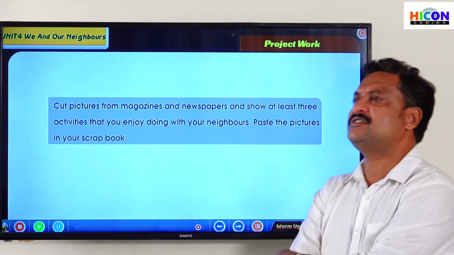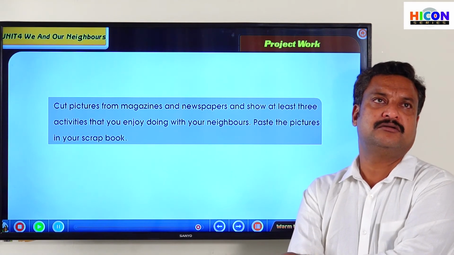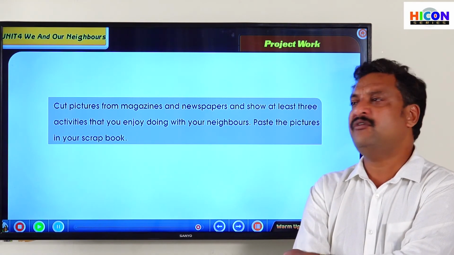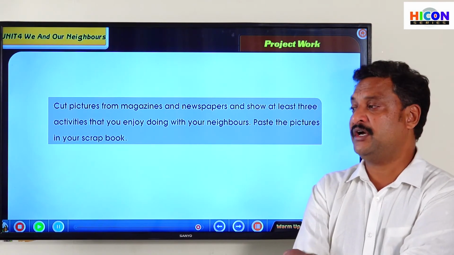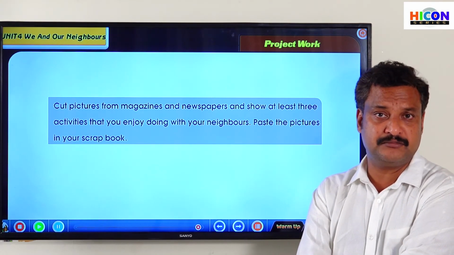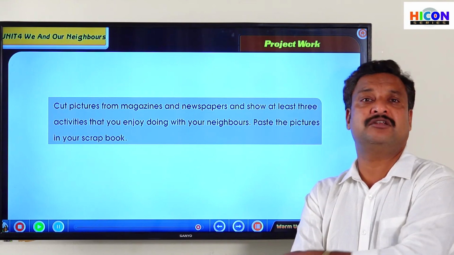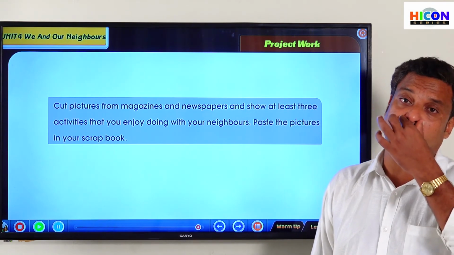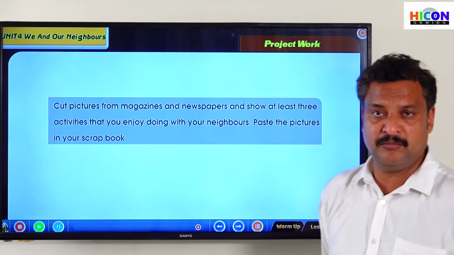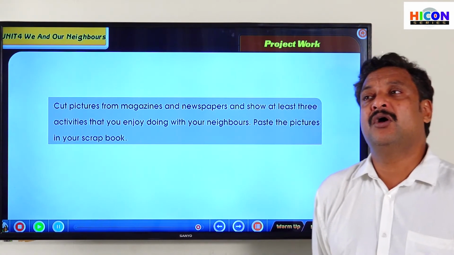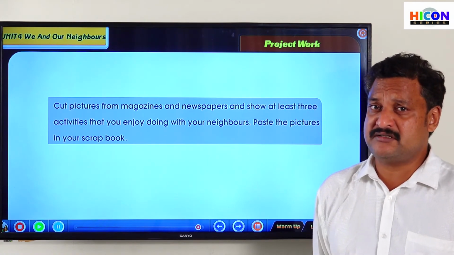When we go through these magazines or newspapers, we will come across a lot of such pictures, right? Children playing together means we love to play with our neighbors, or children planting some plants and all. We love to plant plants in our neighborhood with our neighbors.